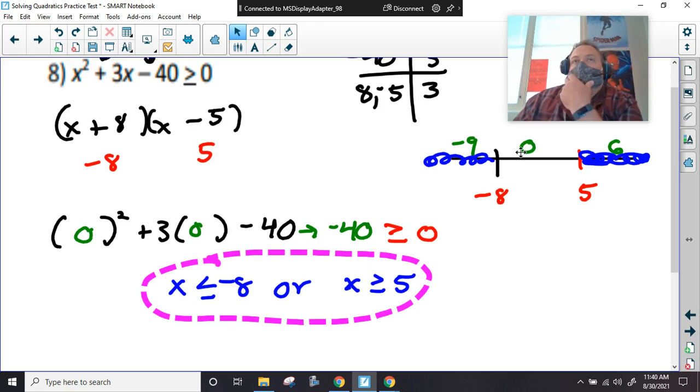Well, the easiest one is 0. What's the number bigger than 5? 6. Okay. Now, we learned on Thursday that if we just pick one of these, we can test it and we can actually get the answer instead of having to test all 3.